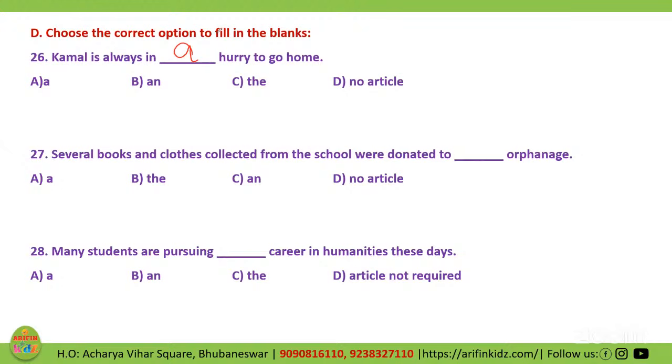Several books and clothes collected from school were donated to Dash Orphanage. What will it be? Yes, everyone. Question number 27. Several books and clothes collected from school were donated to Dash Orphanage.